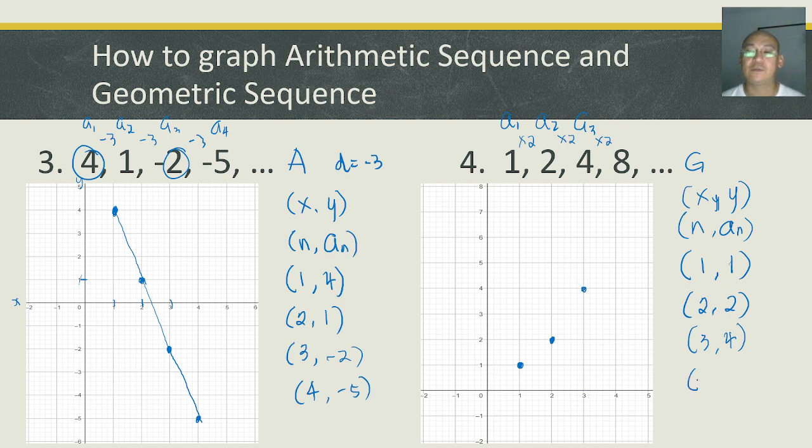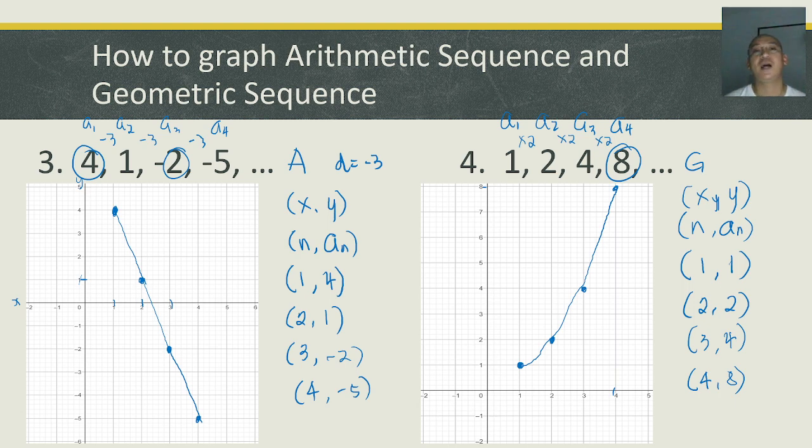If we have n of 4, then we have a sub 4 of 8. This is 4, and this is 8, and there it is. So observe that it is not a straight line, as it is an exponential graph. And those are the differences between the two graphs.